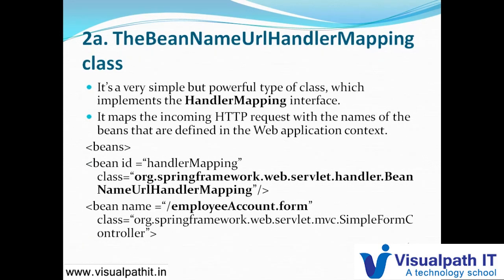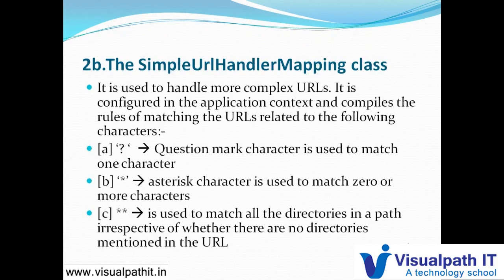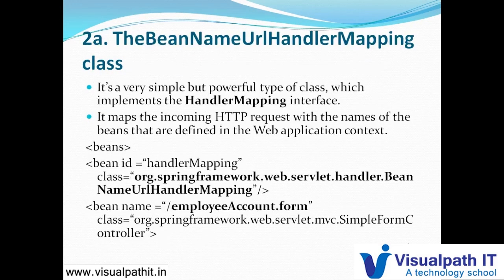Let's go ahead with the two important implementations of the handler mapping interface. The first one is bean name URL handler mapping class. Next is simple URL handler mapping class. The bean name URL handler mapping class is a very powerful and simple type of class which implements the handler mapping interface.